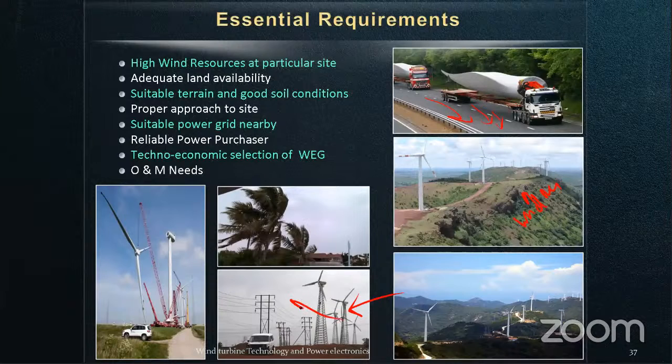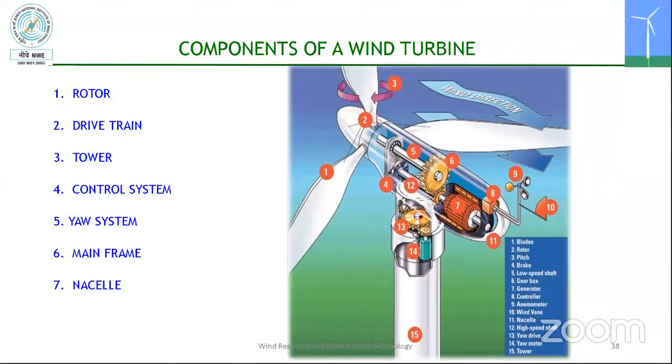So the grid should be nearby the wind farm. Then a reliable power purchaser. Who is going to purchase my power? Whether the electricity board or a third party is going to purchase it. And techno-economic and O&M needs.